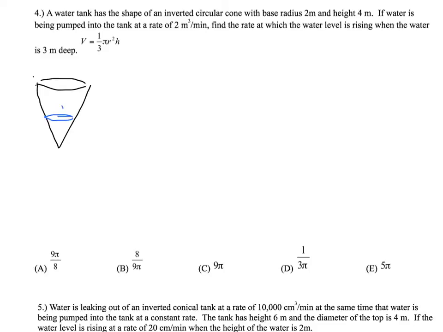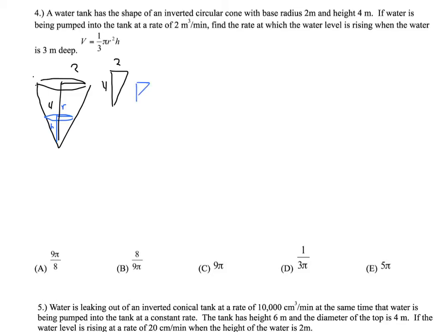The water has a radius of r and a height of h. The cone has a radius of 2 and a height of 4. So looking at these triangles, if I drew a right triangle, the radius of the cone is 2 and the height of the cone is 4.